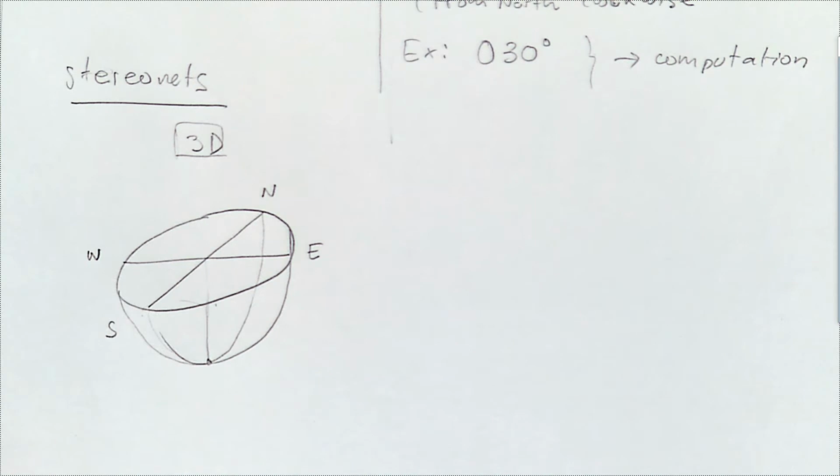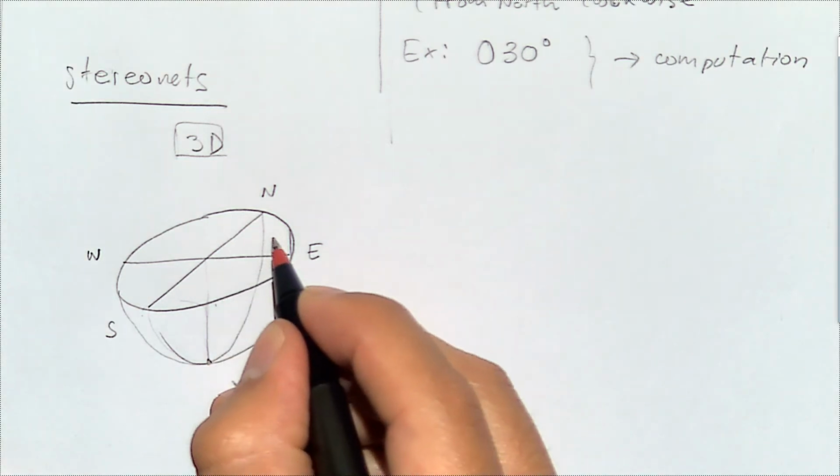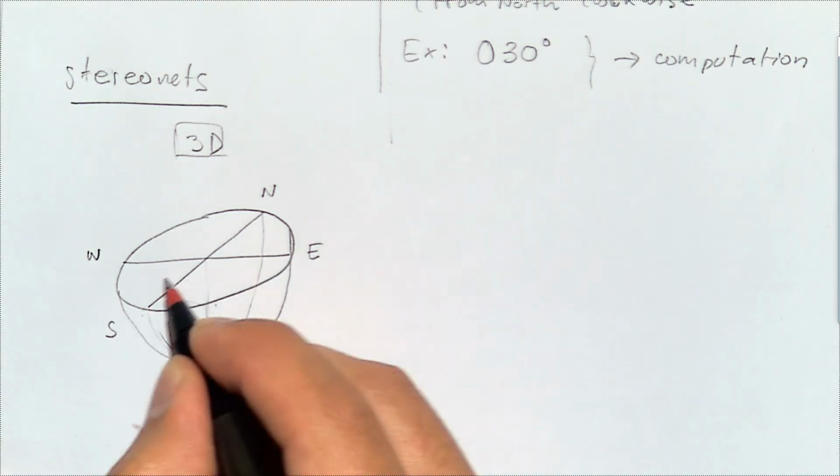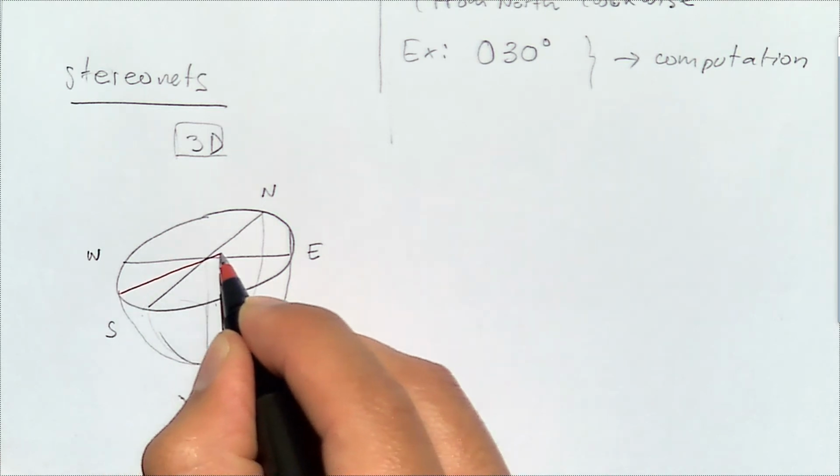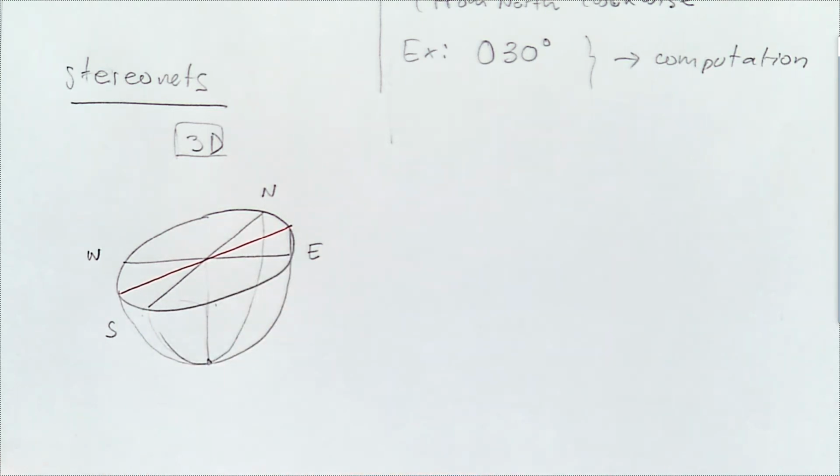All right. So now we're going to put the fault in there, the plane that we had before. The plane that we had before had a 30-degree strike, and it was dipping towards the southeast. So what you have to imagine now is that plane cutting through that lower semi-sphere.